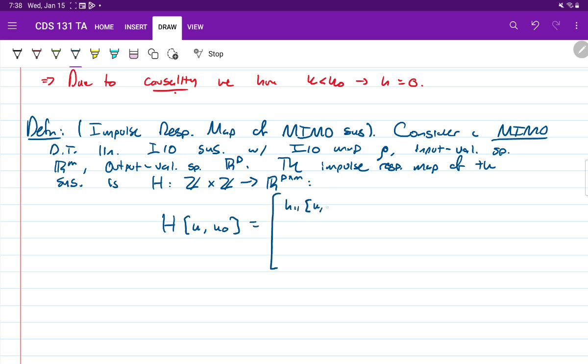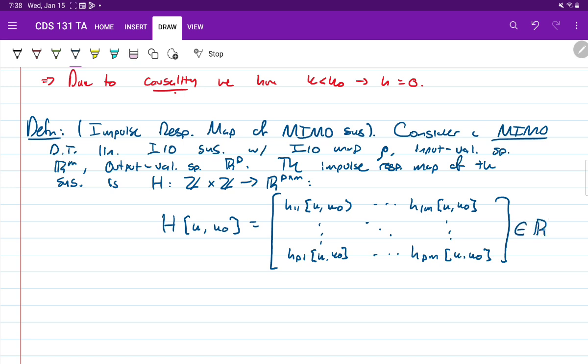We'll have H11 of K, K naught. If we keep going all the way over here, we'll end up with H1M of K, comma K naught. If we go down here, we will have HP1 of K, comma K naught. And if we go all the way over here, we'll have HPM of K, comma K naught. All right, so this entire matrix is filled up, and this is in R P by M.